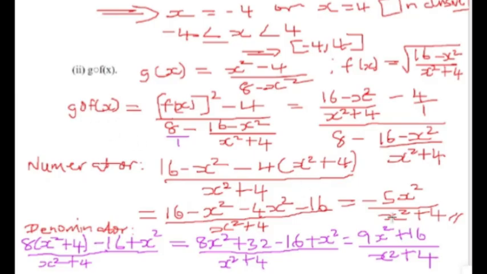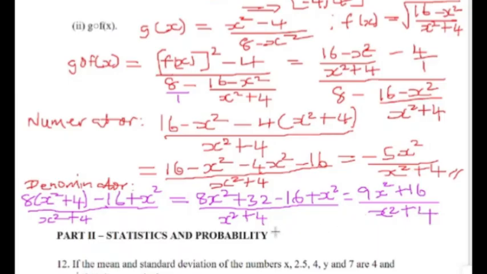The numerator, we've got it as minus 5x squared over x squared plus 4, divided by what I have here, which is 9x squared plus 16 over x squared plus 4.